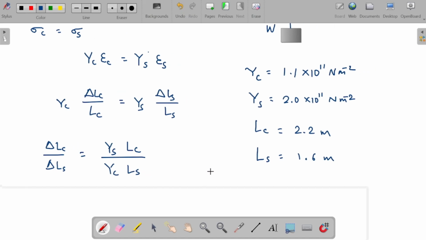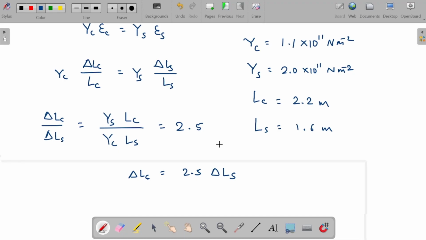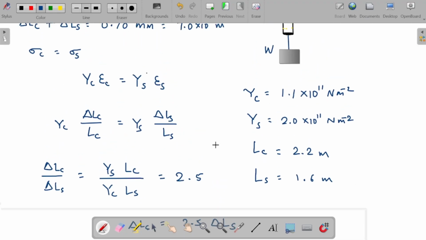So the only thing we are going to do now, we have all the things here and we have to solve for this, and you do it by yourself. It should come 2.5, or we can write delta LC is 2.5 times delta LS, meaning in copper there is 2.5 times elongation compared to this steel. So you can find out which one is more stiff.